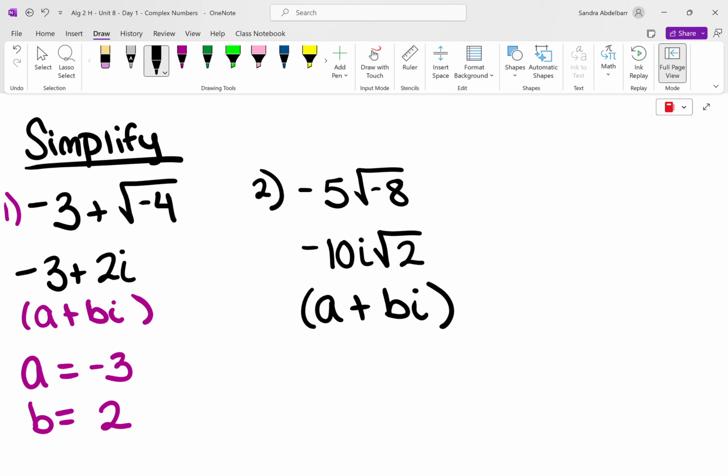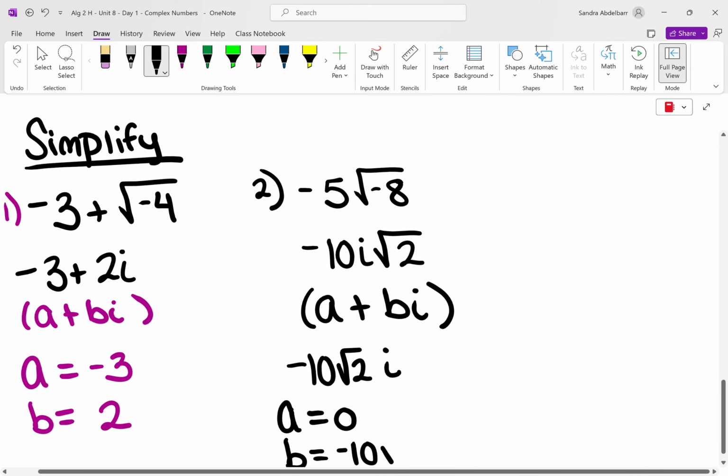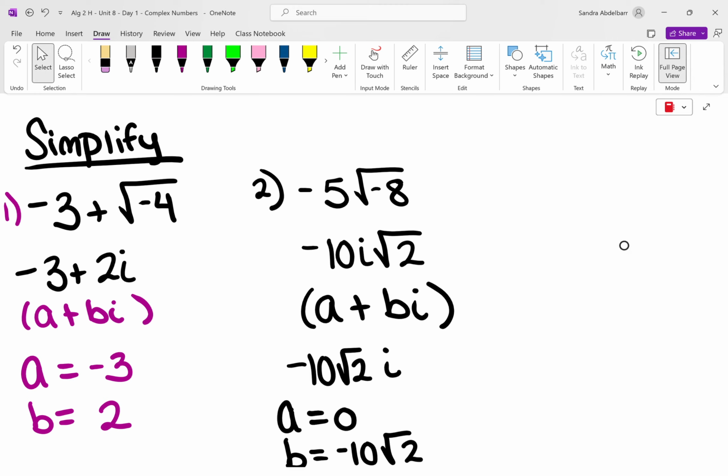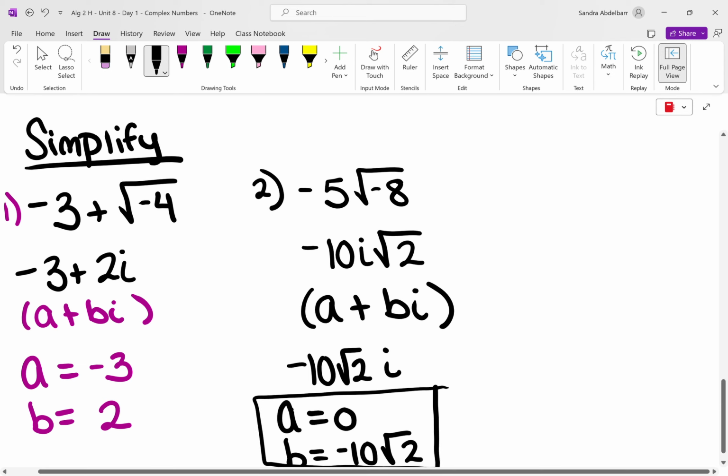So I'm going to write it a little bit differently: -10 root 2 i. And if there's nothing written for a, what do you think that is? 0. So my a is 0, and my b is -10 root 2. The b does not have the i in it. The i is separate.